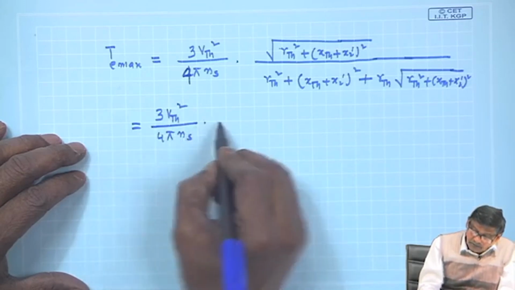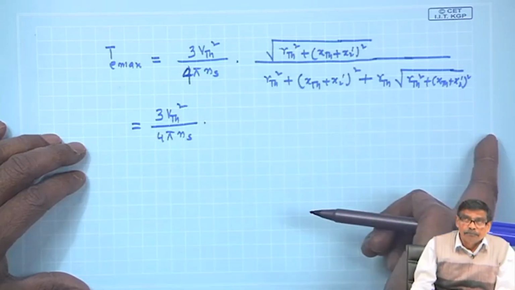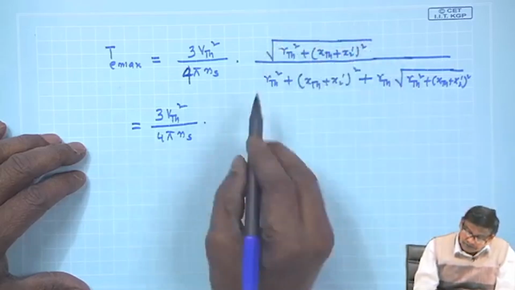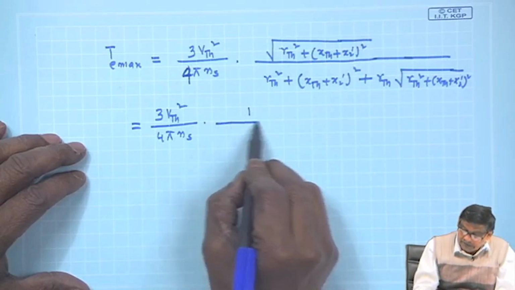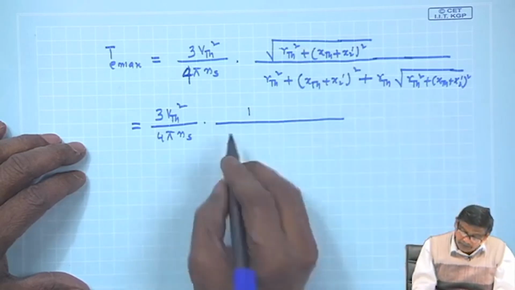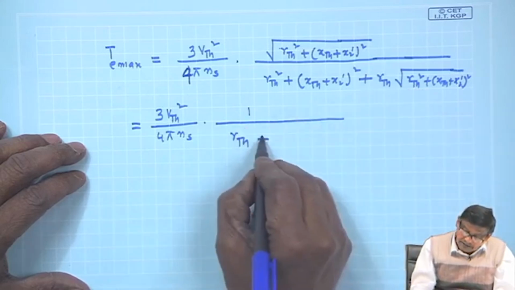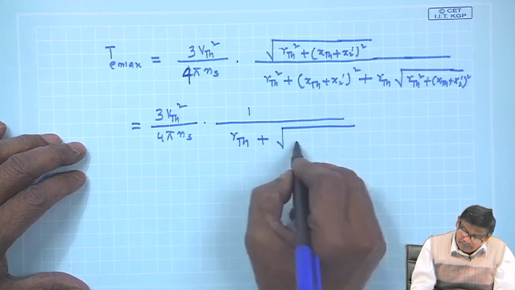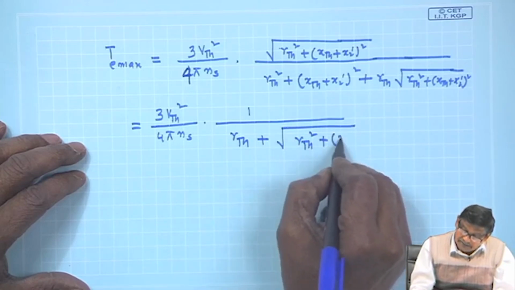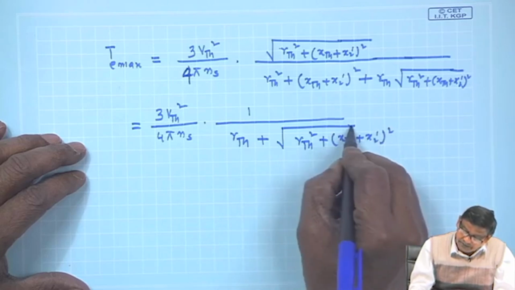What do you do? You bring this numerator term below, okay? Divide both numerator and denominator by this. So, that it will become 1 here, and here, if you bring this down, it will be R Thevenins from this, and it will be R Thevenin squared plus x Thevenins plus x 2 dash squared, that is all.